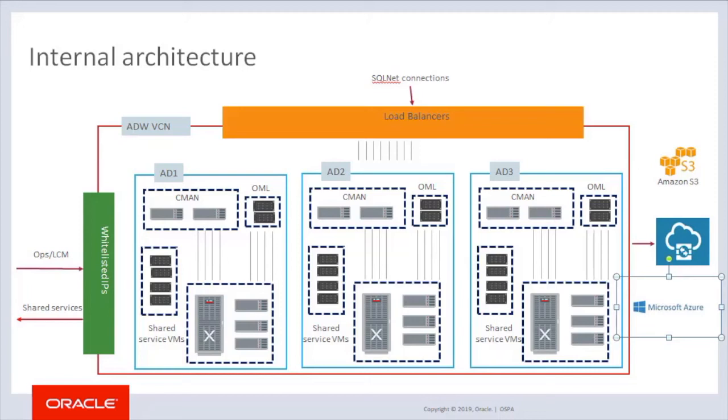Connectivity to object stores such as Amazon S3 also leverages this architecture. Connectivity to the Autonomous Database for permitted access, such as those of Cloud Oracle Operations, virtual cloud networks, or shared services, is performed through a whitelisted IP service that guarantees that only determined IP addresses can access these services directly.